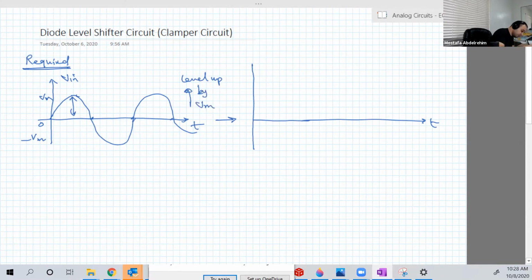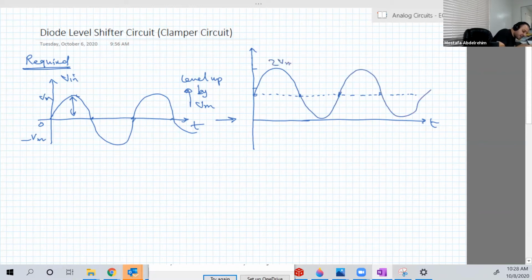It's like our time axis is leveled up, so we'll get the same signal but leveled up.